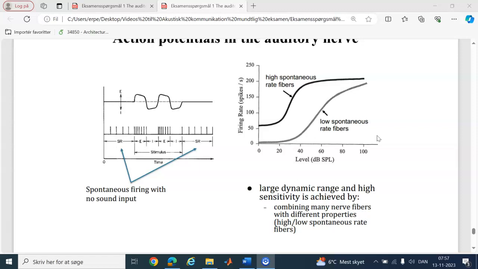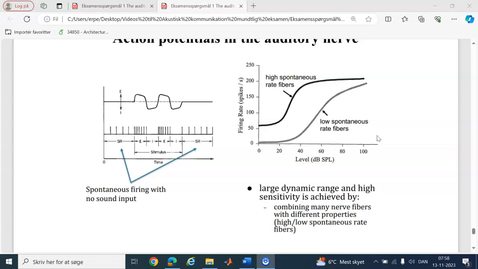The low spontaneous rate fibers have a slower increase, starting at about 40 dB, with almost 0 spontaneous rate, and increasing up to the maximum near the pain threshold, more than 100 dB.